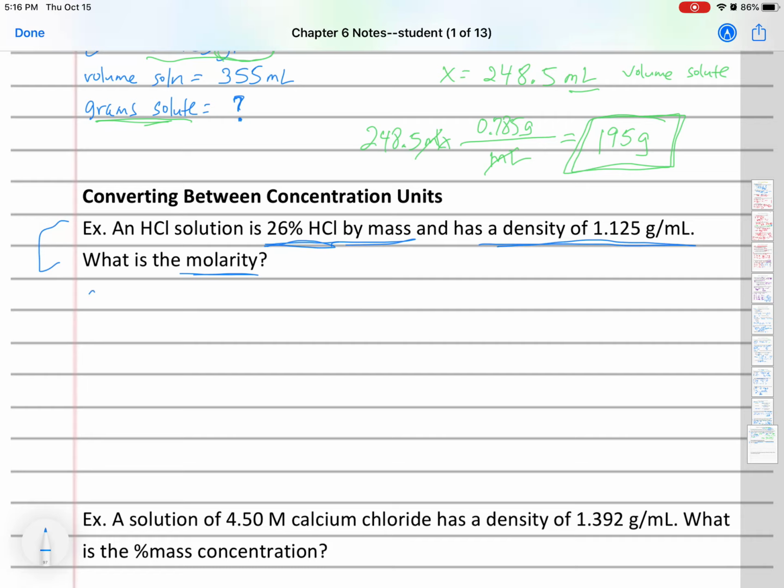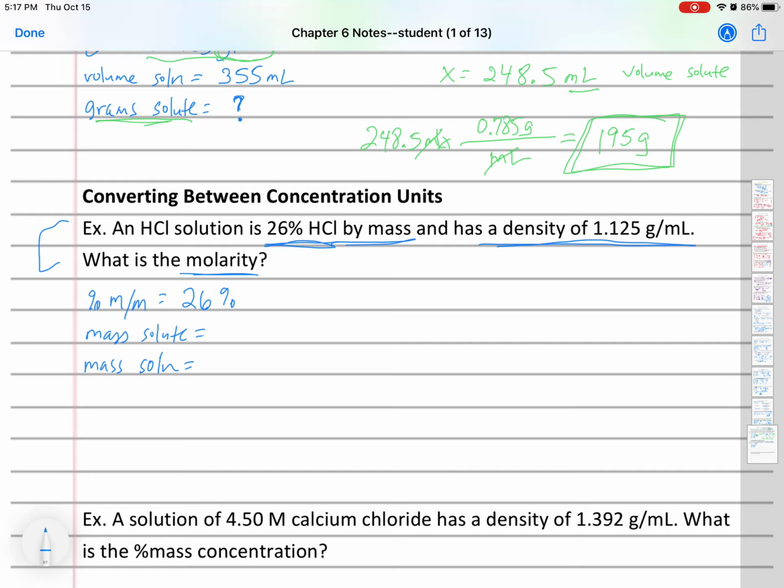So I'm just going to map out what we have. We have the percent mass by mass is 26%. All right, so that equation involves the mass of solute divided by the mass of solution. So I'm just going to map that out because I might need that.